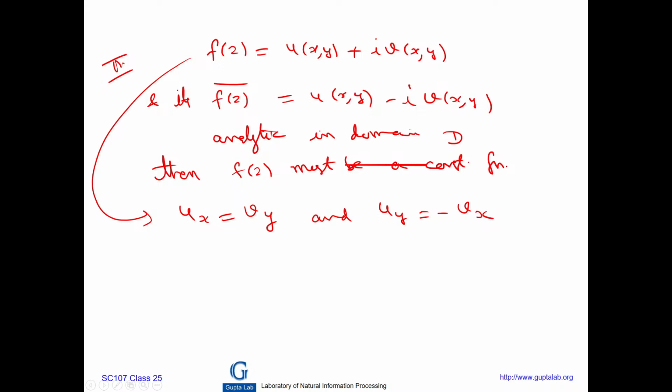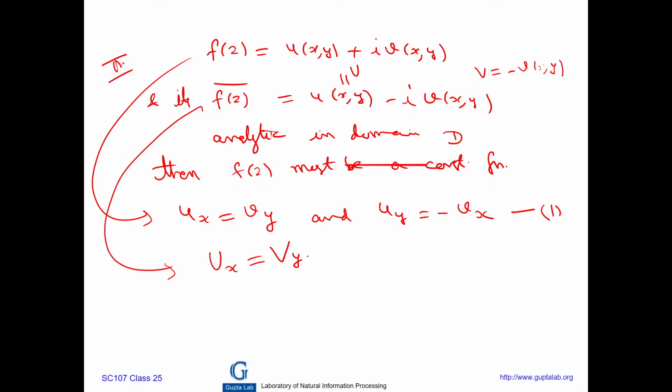Because this is one set of equations. Now suppose this is capital U and this is capital V, basically minus of this is capital V. So capital V is equal to minus v(x,y). Then we have Ux = Vy, and Uy = −Vx. Second set of equations, right?